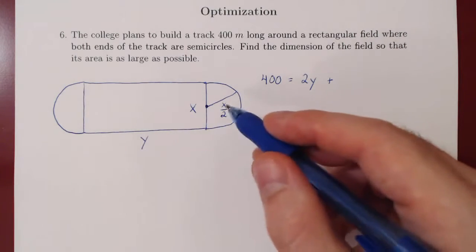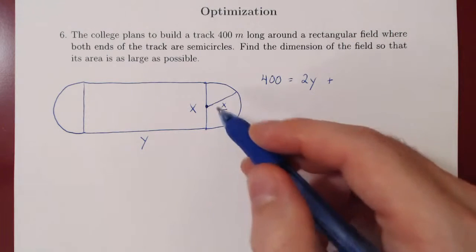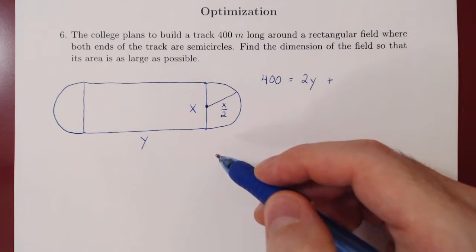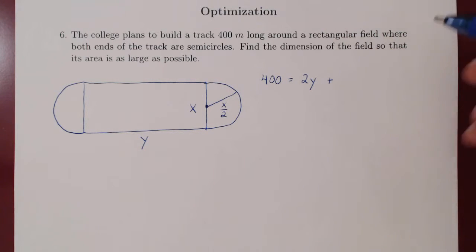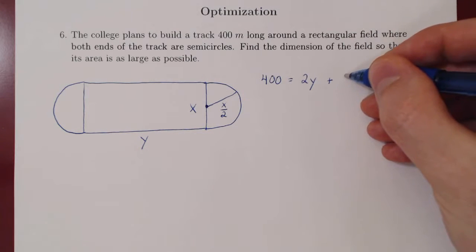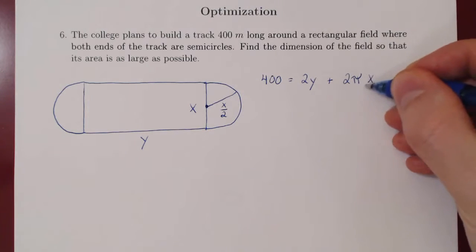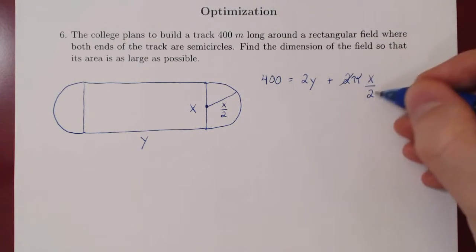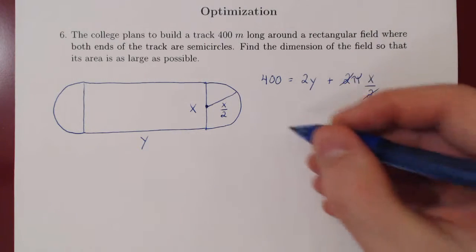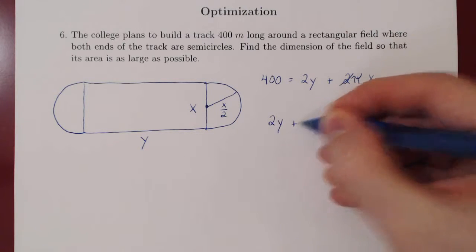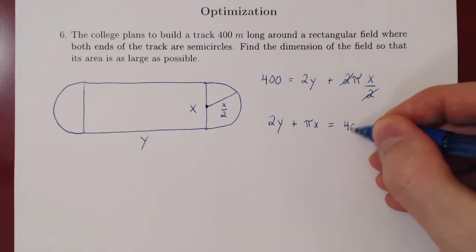But if you combine the two semicircles as they're equal, they will give you exactly the perimeter of a circle of radius x over 2. The circumference of a circle of radius r is 2 pi r. So what we have here is 2 pi times the radius of x over 2. So we can cancel the 2 over 2, and we're left with, if you write this backwards, 2y plus pi x, and this equals 400.